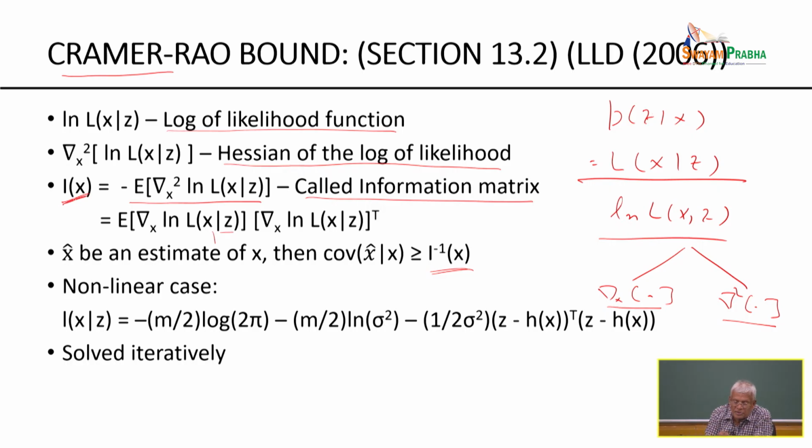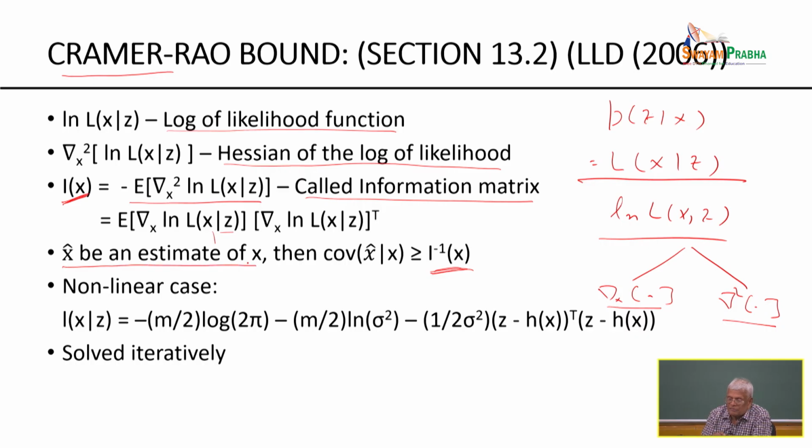So this is the information matrix. This is the inverse of the information matrix, which is the estimate of the covariance. So what does the Cramer-Rao bound say?